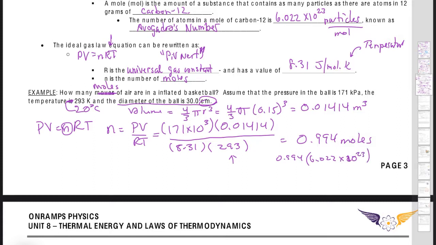I actually didn't calculate this because it was a little bit of a surprise that I'm going to talk about this, but we're going to go 6.022 exponent 23 times 0.994, and we're going to get a really big number. So it's slightly less than Avogadro's number because this is not exactly 1 mole.